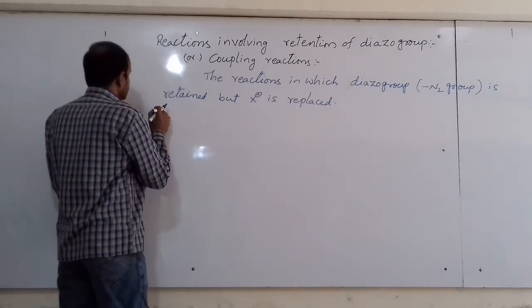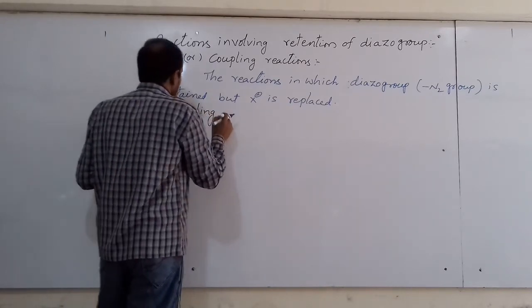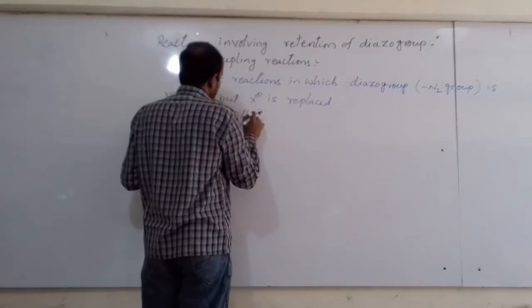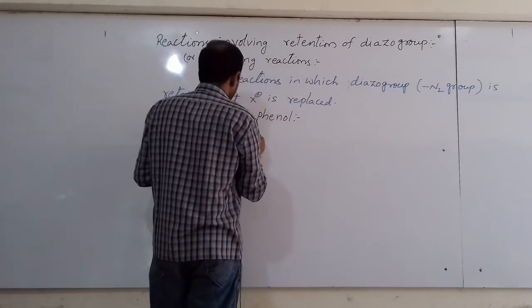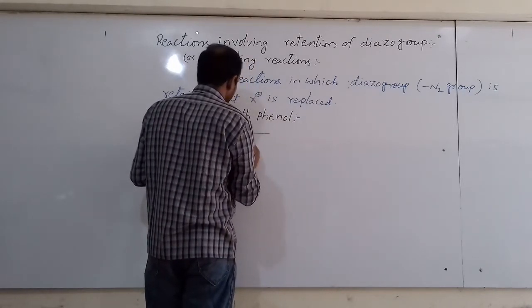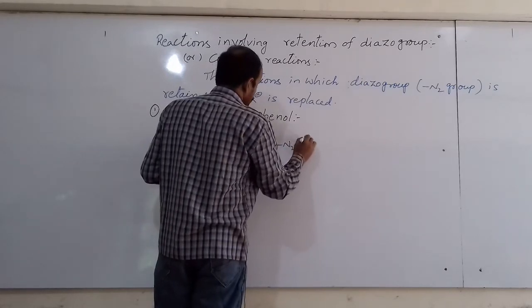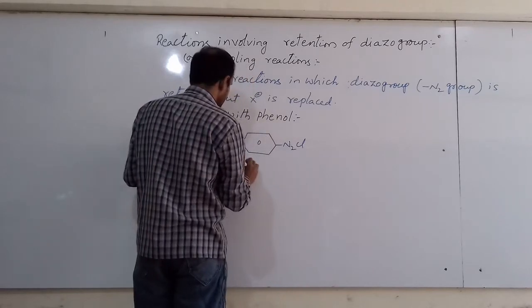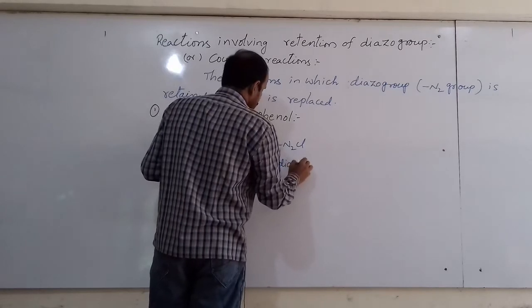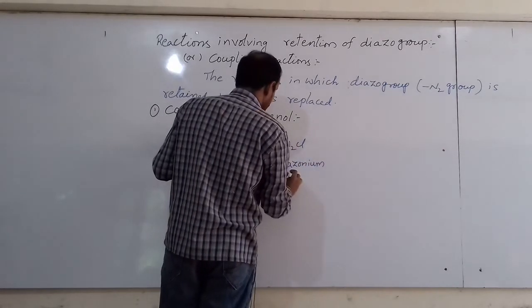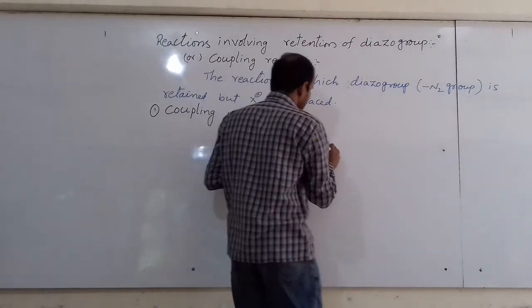In this one, the first one is coupling with phenol. Here benzene diazonium chloride, N2Cl, reacts with phenol.